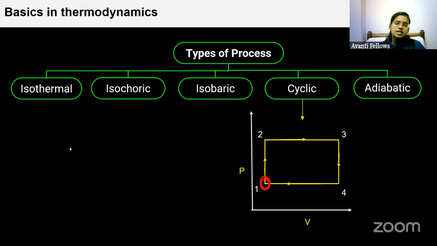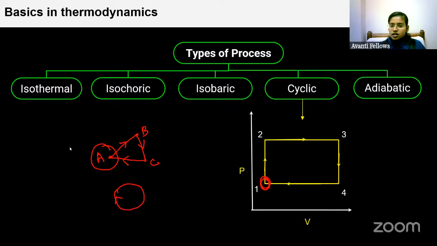If it remains the same, then the process is called a cyclic process. So I am standing at point A, going to point B, coming to point C, and again going back to point A. So the initial point and the final point will be the same for the cyclic process.